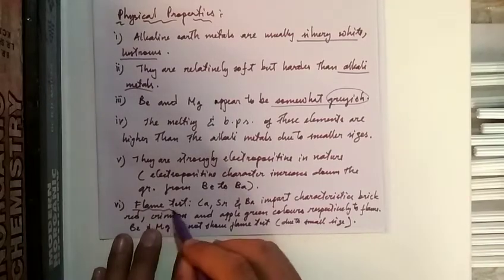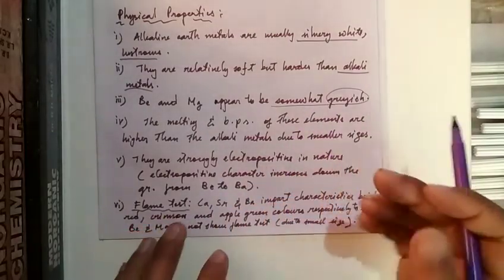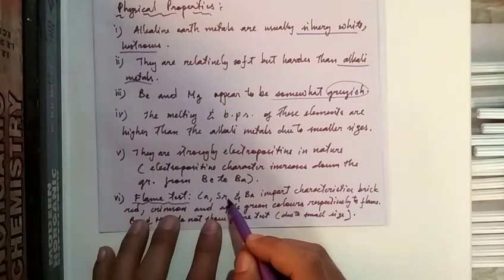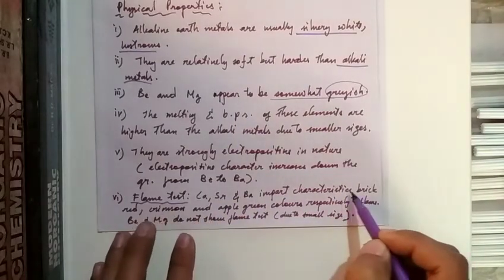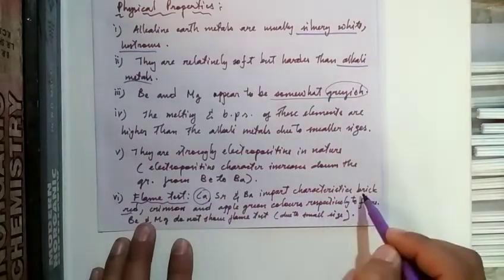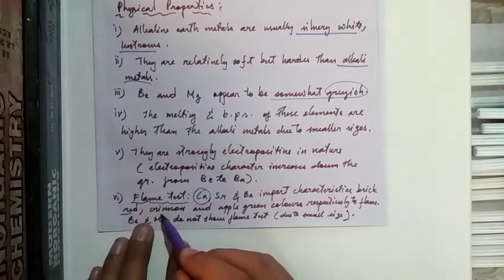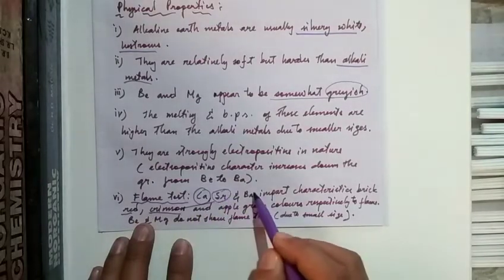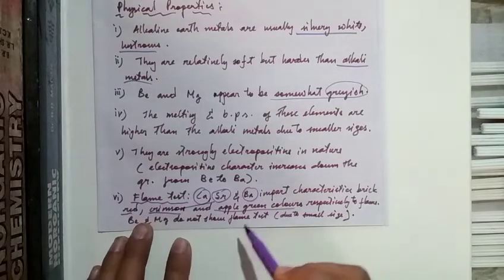Now the flame test. When we heat these elements, calcium, strontium and barium impart characteristic colors: brick red for calcium, crimson for strontium, and apple green for barium.